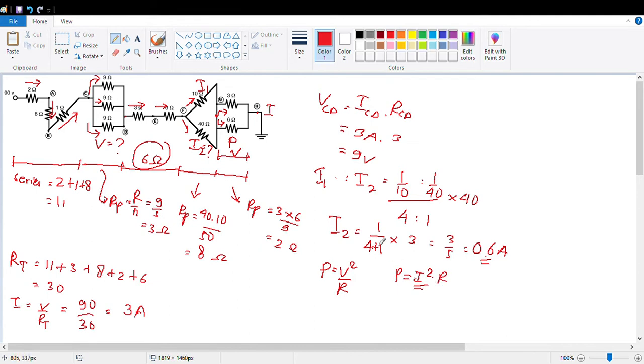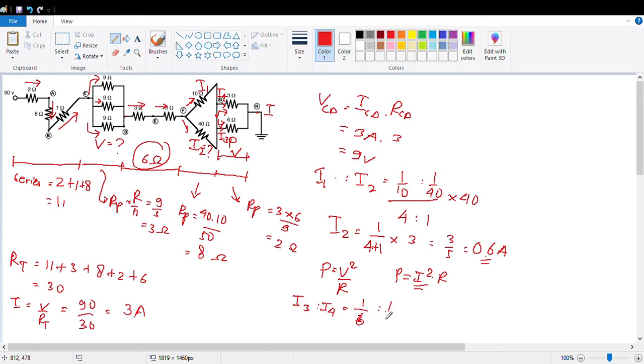How to find it? You have to find the I in here, the 6 ohm. Okay, I give the name I3, and this one I4. So how to find the I3? We use ratio again. I3 to I4 is equal to 1 over 3 and 1 over 6.